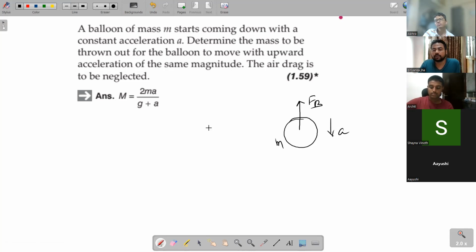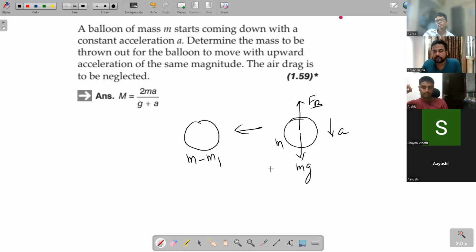Now see, suppose from this balloon you have thrown some mass m1. So the mass is now m minus m1. If you draw the FBD, this is mg, and here this is (m minus m1)g downward. After throwing this mass m1, the balloon starts moving up with some acceleration a of the same magnitude.